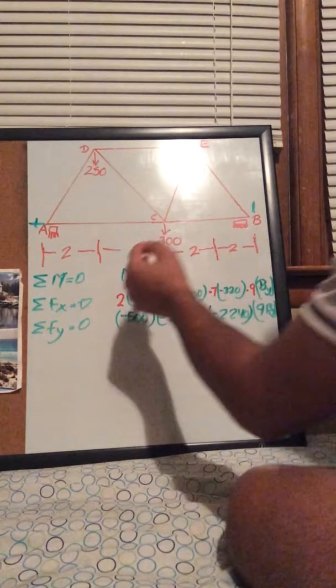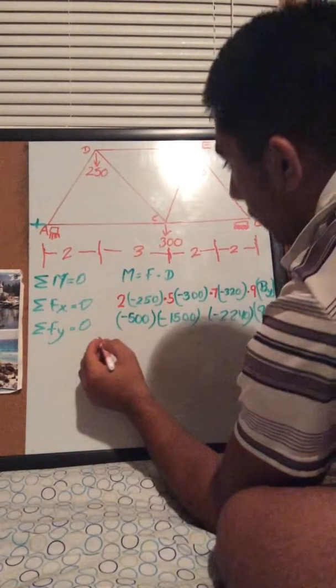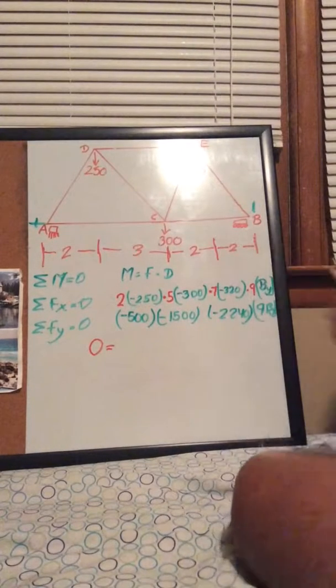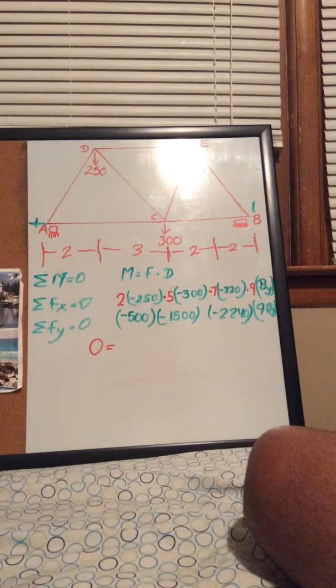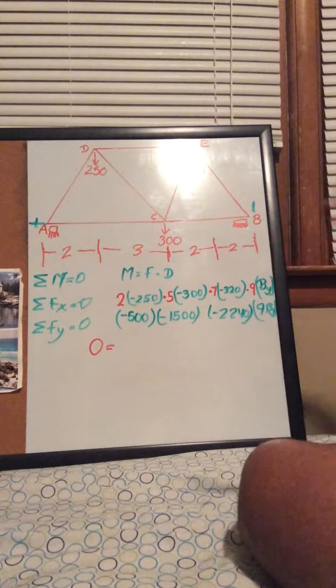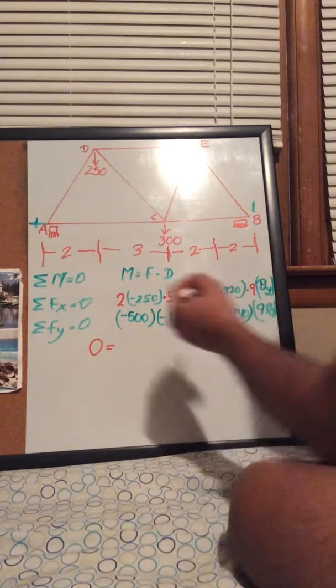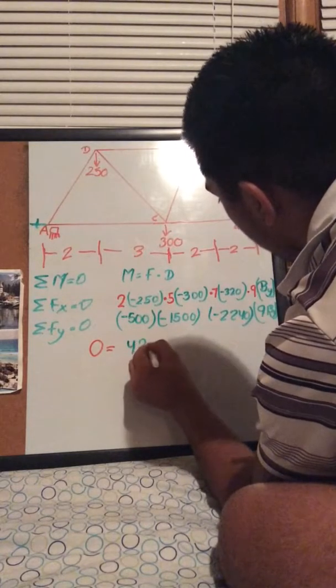Okay, now moments is always equal to 0, so the sum of every moment is equal to 0. So 0 is equal to, so 1500 plus 500 is 2000, 2000 plus 2240 will give us 4240.